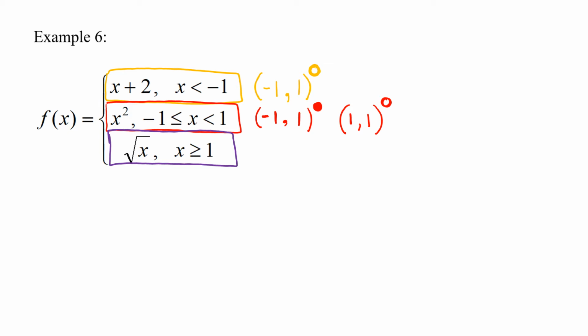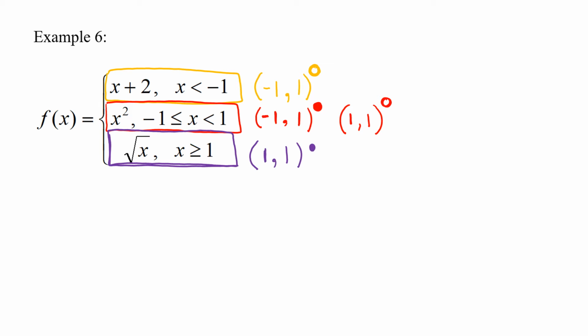And then last but not least, we have this piece with the square root of x, and a domain of x greater than or equal to 1. When we input 1 to the square root of x, we output 1. And since this is a greater than or equal to symbol, we have a closed circle at this point.